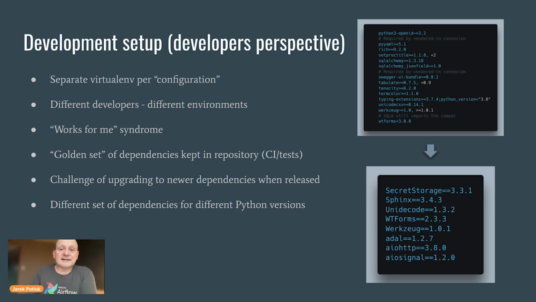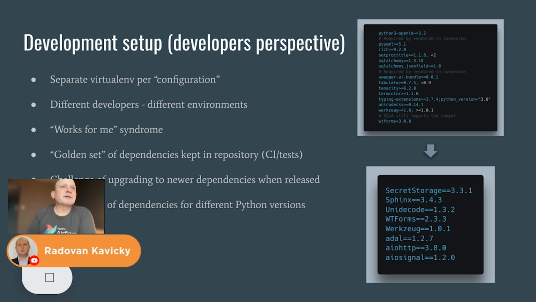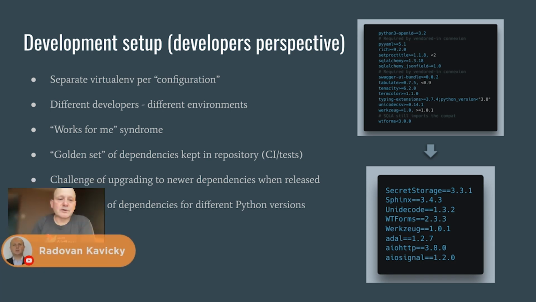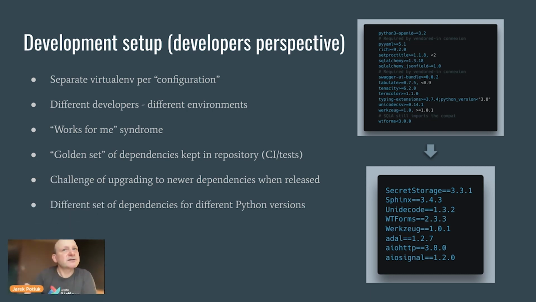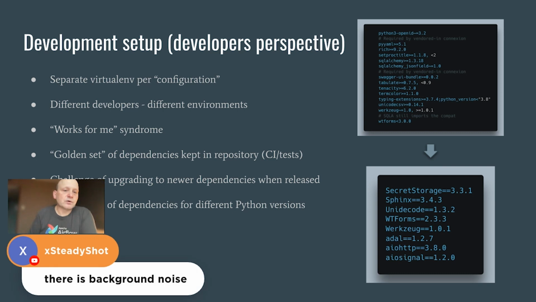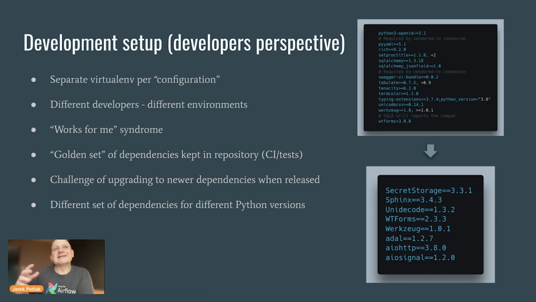From the development setup, this looks a little bit different, because when you are developing such a library or application, you usually want to freeze the dependencies at some snapshot, so that you can consistently run your tests, and you can repeat your installation, and so that you can avoid the "works for me" syndrome, where your co-developer or colleague has different dependencies than you.